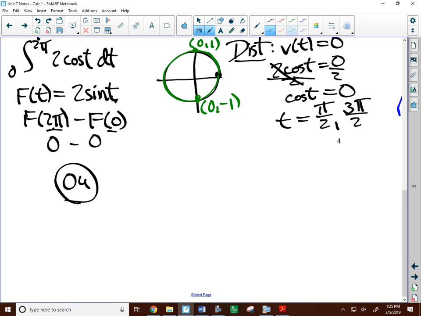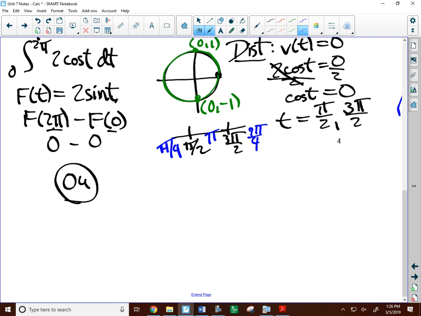Now I'm going to do a very quick check to make sure that these all change sign. I will choose maybe pi in the middle, pi over 4 down here, and maybe 7 pi over 4 here.